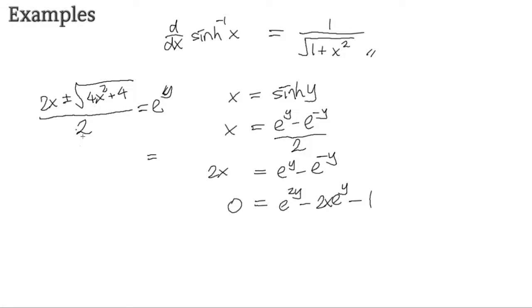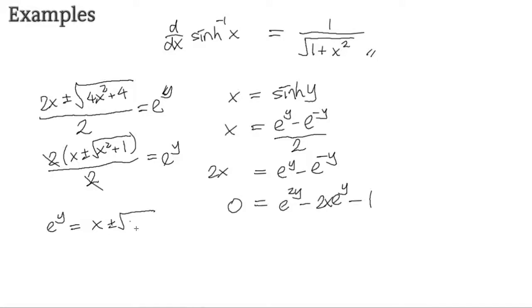This 4 can be factorized out into 2's, so a 2 can be factorized in front, such that x plus or minus the square root of x squared plus 1, divided by 2, and the 2 can cancel away, which means that e to the y is equal to x plus or minus the square root of x squared plus 1.